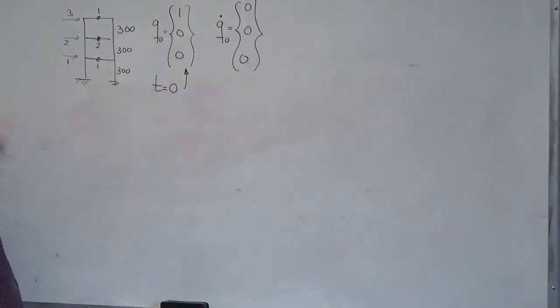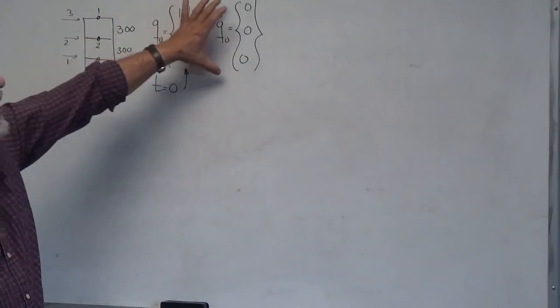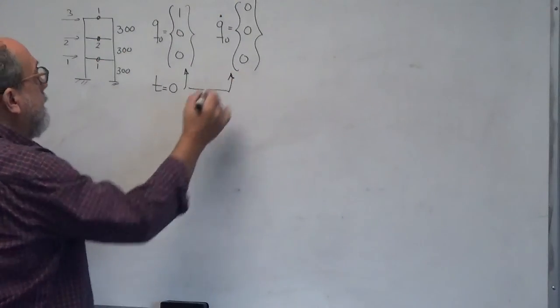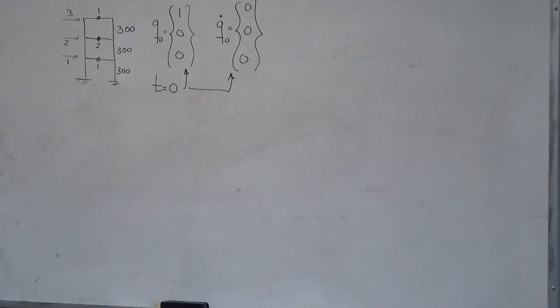So we have an initial displacement vector and an initial velocity vector of 0. Now, in order to do any problem in modal analysis, the first step is to calculate the modes. That is the transformation that will get us to the uncoupled system of equations.